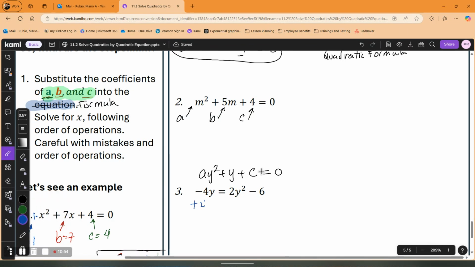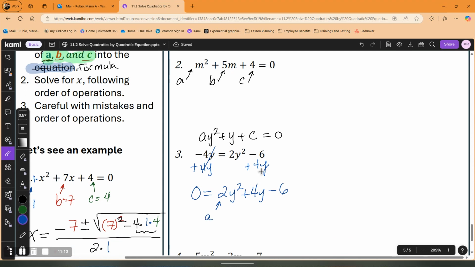So I would take this y, add it to the other side, cancel out, and I'm going to have 0 equals 2y squared plus 4y minus 6. Now check it out. I've got nothing on the left and everything on the right, but it doesn't matter because these are still my coefficients, as long as there's a 0 on one side and all the terms on the other side.